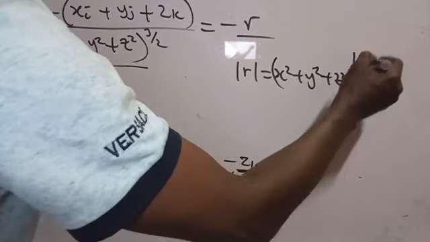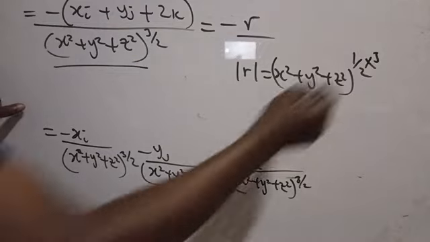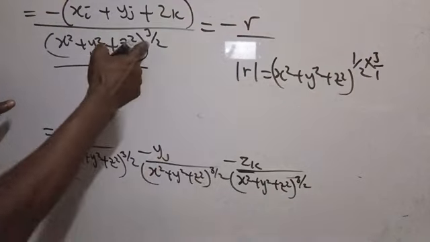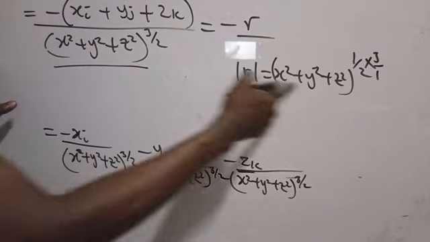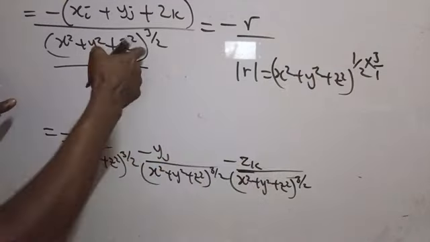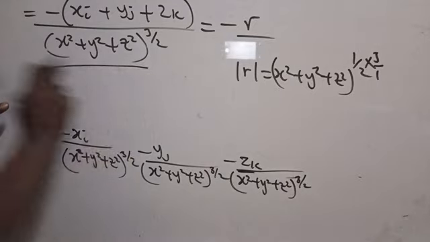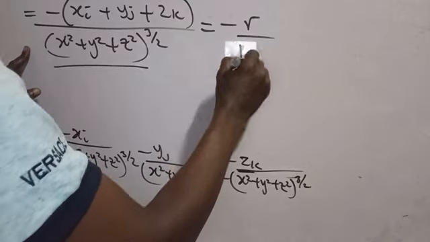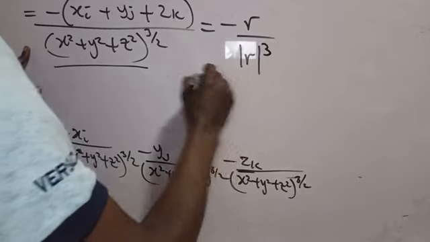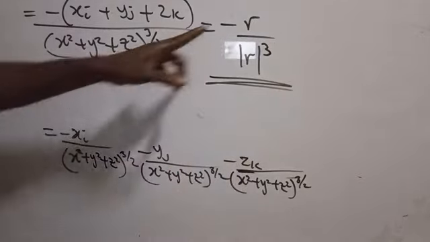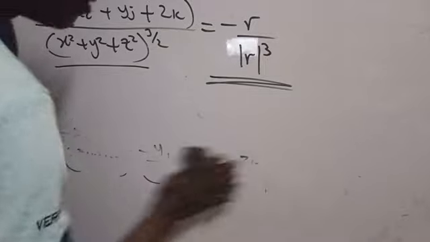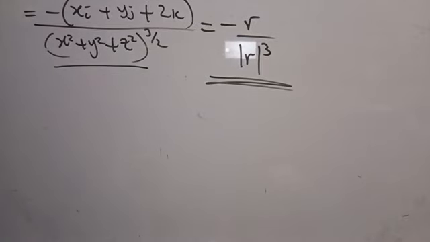Just multiply it by 3: 3 over 1 divided by 2 gives 3 over 2. So the denominator is now modulus of r raised to power 3. Don't divide r by modulus of r, that would be wrong. So the answer is minus r all over modulus of r raised to power 3.